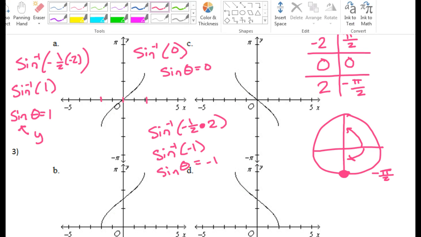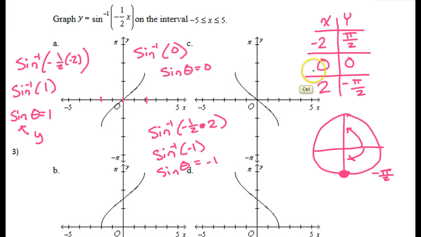Now, let's see if they match. So, -2 should be positive pi over 2. Okay, and if this is pi, then pi over 2 is like right in the middle. So if I go to -2, I should be at positive pi over 2. There's nothing there, so this is not the answer.